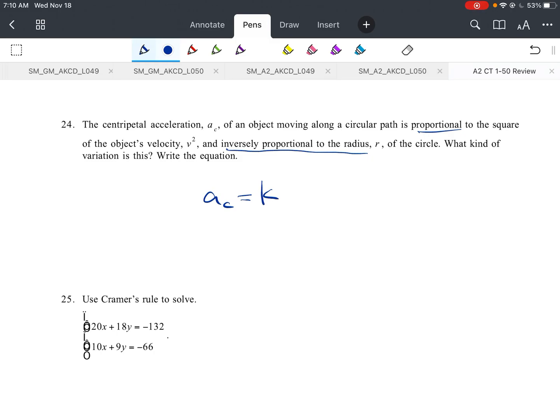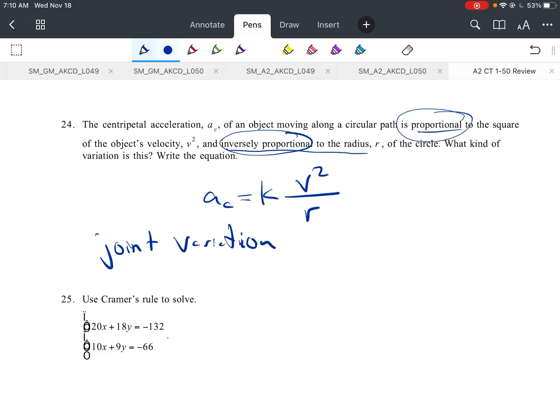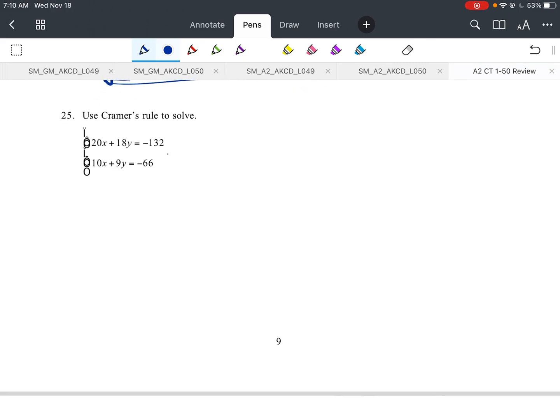And then it's proportional to the square of the velocity. So v squared goes on top. Inversely proportional, that tells you it's in the bottom over r like that. And then when you have direct variation and inverse variation together, we call that joint variation. Okay? So that's joint variation.